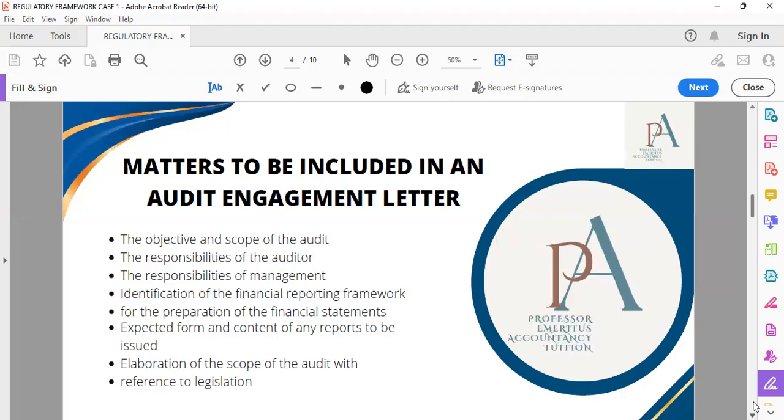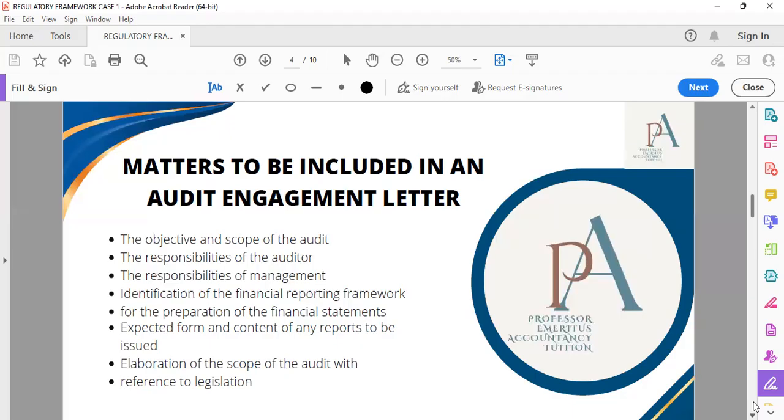The auditor does not give absolute assurance, they only give a reasonable assurance. The engagement letter will state the responsibilities of the auditor, which will be to express an opinion and to carry out the audit in line with available international auditing standards and any regulation that they are supposed to be subject to.